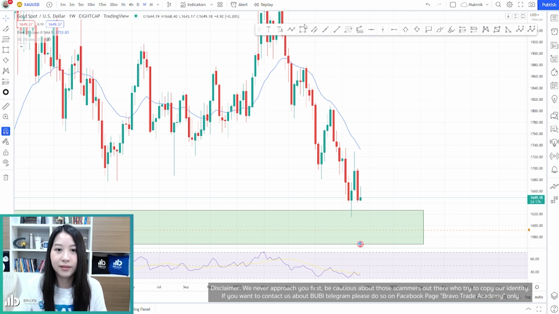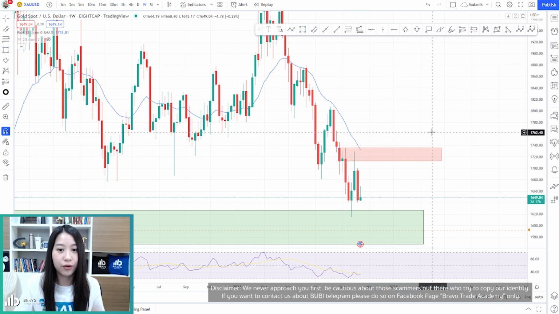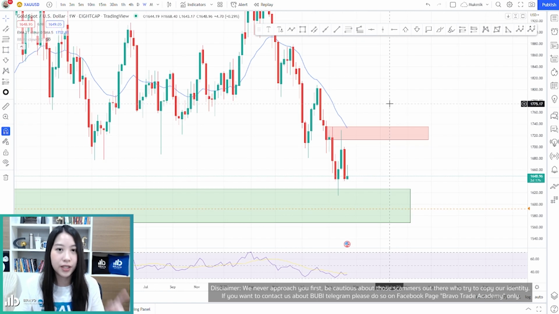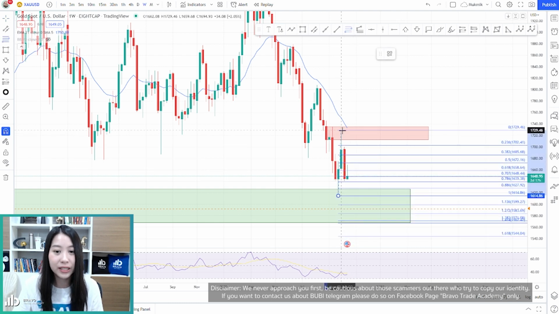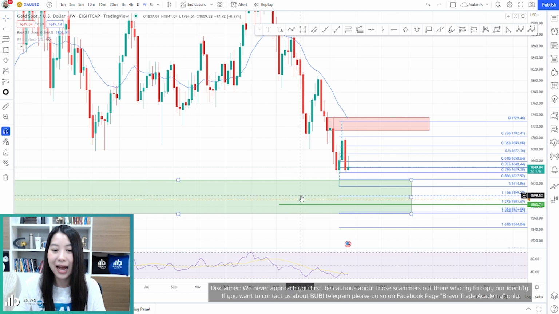In this chart we have our supply zone here, and the price could not remove this supply zone, so there's a chance that the price will make a lower low, and I need to use my Fibonacci extension to find where it could go. I would say this is the first target, which is why I put my alert there.